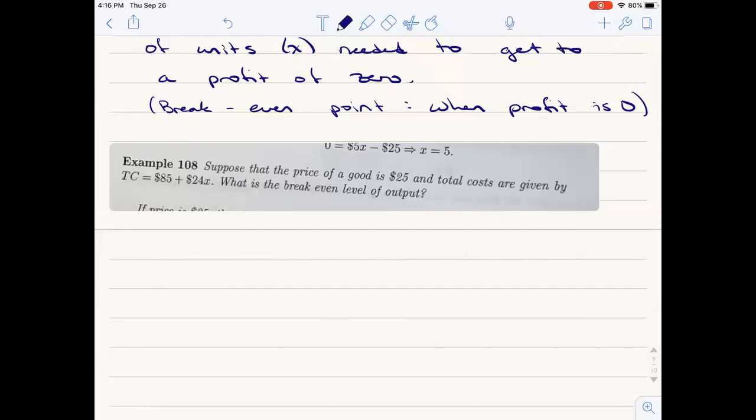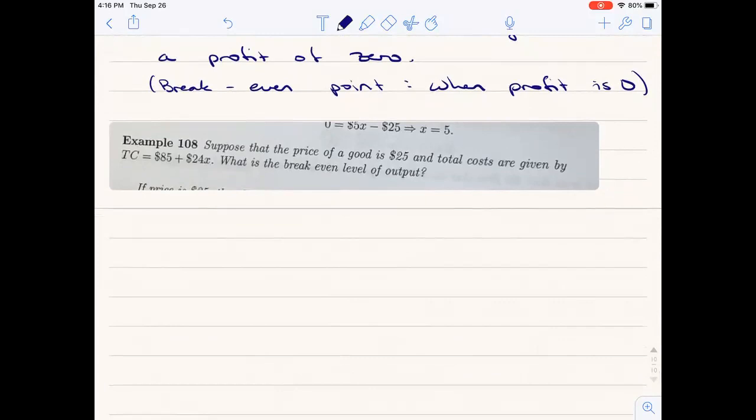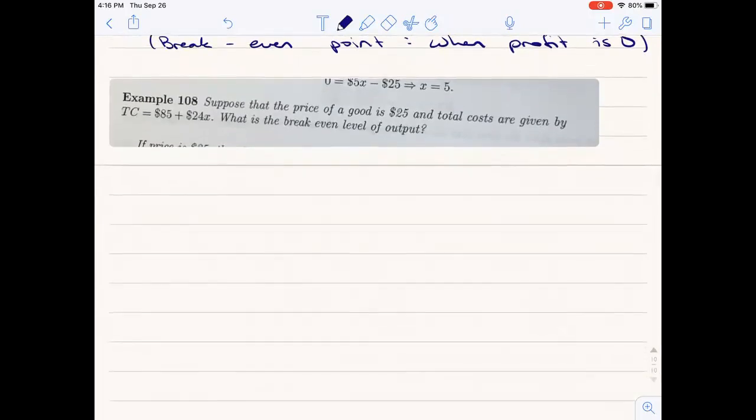Suppose that the price of a good is $25 and the total costs are given by 85 plus 24x. That's another way that we could have this thing come together, right? What's the break-even level of output? So this is what I mean by getting to know your profit function, because then you're not thrown off by things like knowing the total cost, right? Because then you just know where to step into your profit function. And so the first thing I'm going to do here is list what we're given.